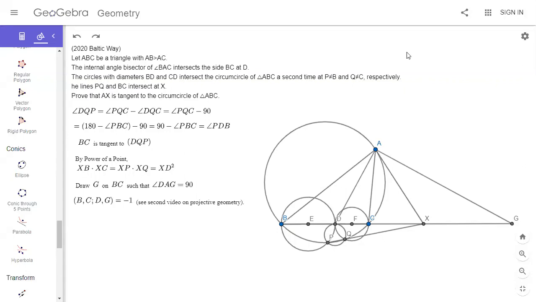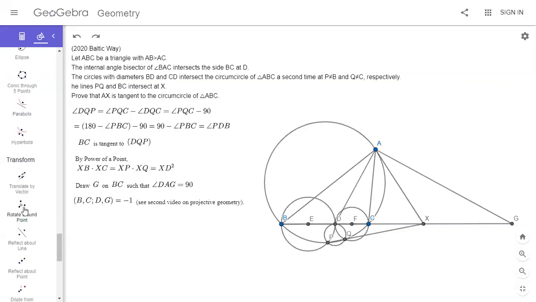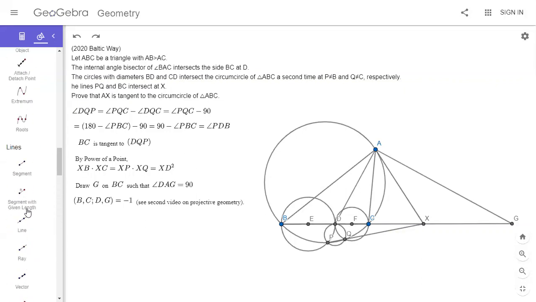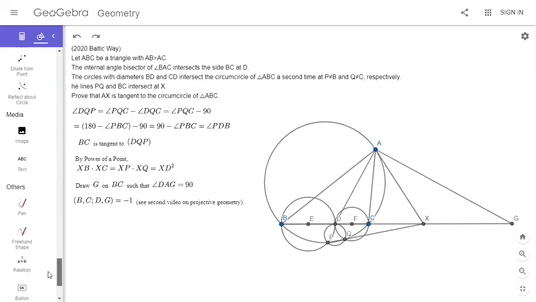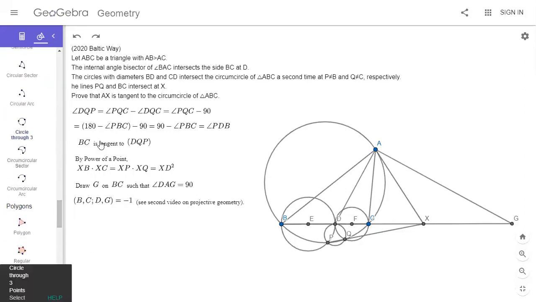Let's see. Let X prime be the intersection of BC and the A tangent. Okay. Is EFPQ cyclic? Let's check. Where's my circle? No, but it's close.